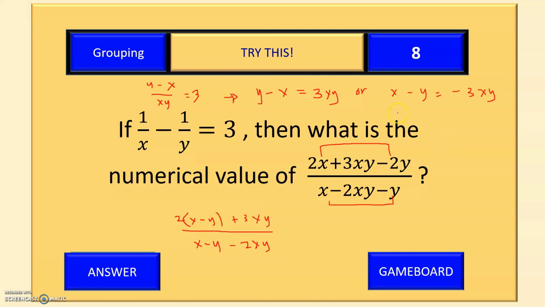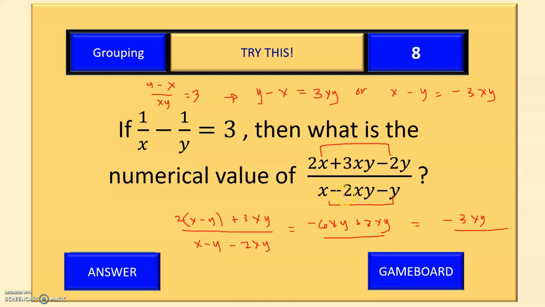Okay, so since x minus y is negative 3xy, this one will become negative 6xy plus 3xy. See that? So therefore, my numerator is actually equal to negative 3xy. Now my problem is just the denominator.